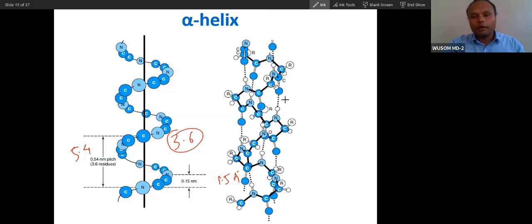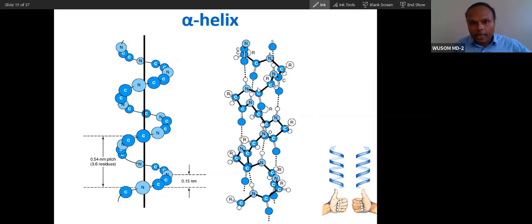by secondary hydrogen bonds. Can you see this is carbon? This is oxygen. Carbon, oxygen. And this is nitrogen, and this is hydrogen. So this is electropositive, and this is electronegative, and there is attraction between them.